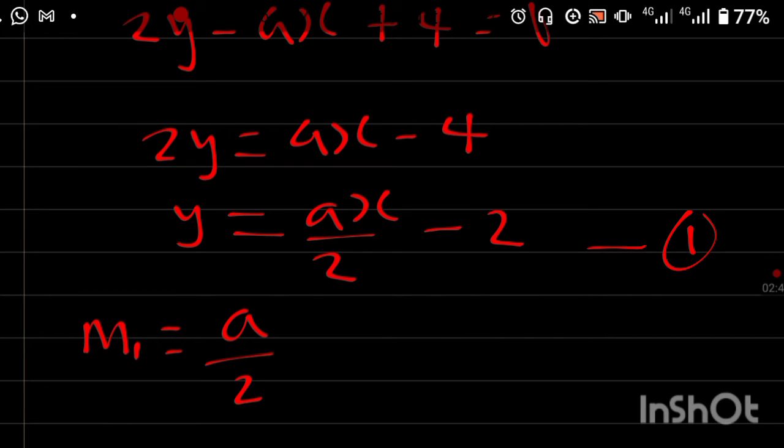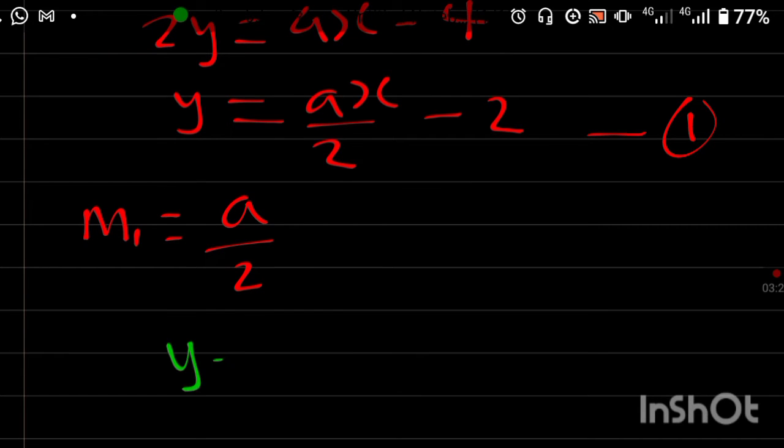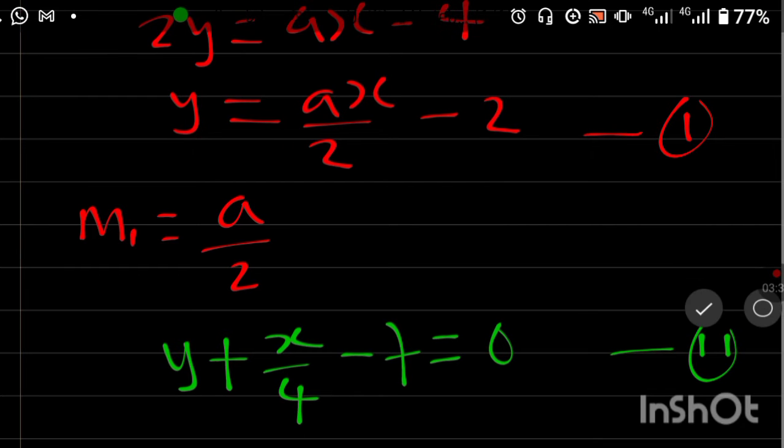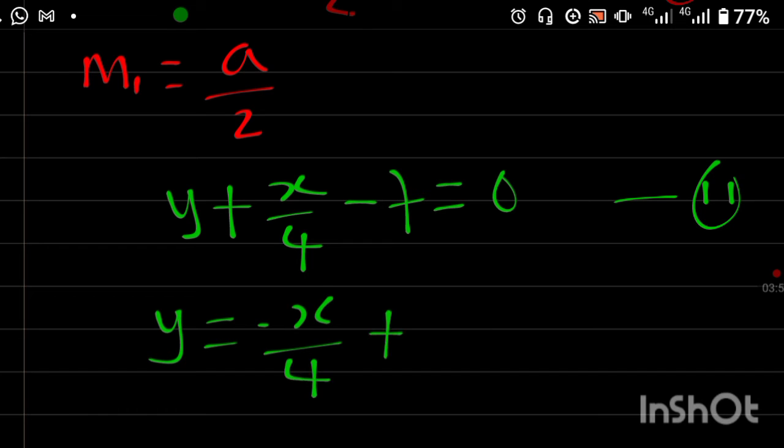Now we are going to rearrange equation 2 to look like the general form. Y plus x over 4 minus 7 is equal to 0. This is my equation 2. I will rearrange it to look exactly like equation of a straight line by taking every other values to the right hand side. Therefore, I have y is equal to minus x over 4 plus 7.